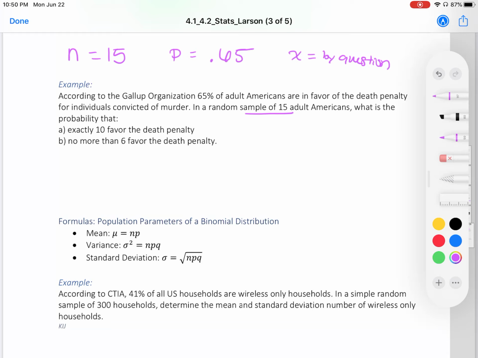Okay, let's go ahead and find out exactly 10. All right, so if you're using your calculator, for A, we would do binom PDF, our total, 15. That's your N. And you don't have to put that value in the bottom. I'm just helping you out. So it'd be 15, then our percent, 0.65, and then whatever number you want.